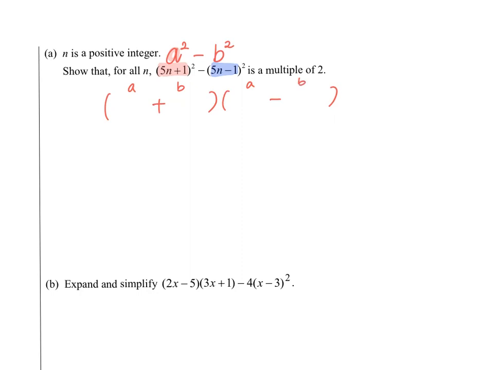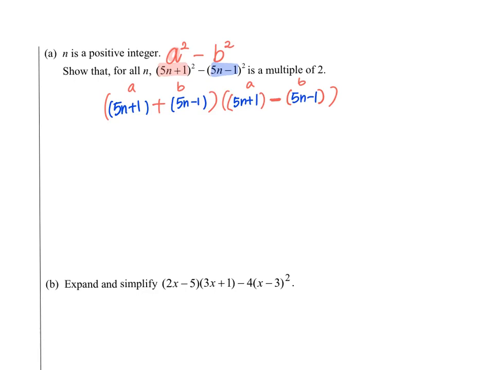But now I will write 5n plus 1, 5n minus 1, but with brackets. Why is this important? If I were to do this 5n plus 1 over here, 5n minus 1, this is subtracting whole of 5n minus 1. That's a subtraction sign. So I need to be careful with my writing.